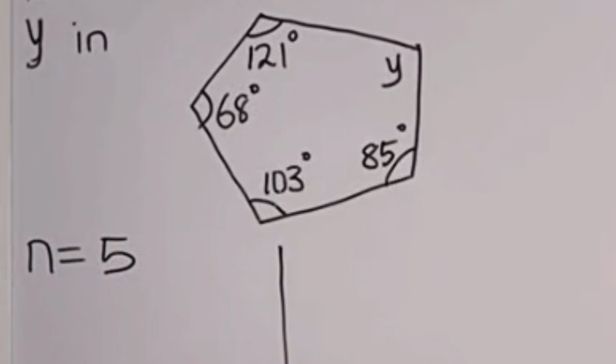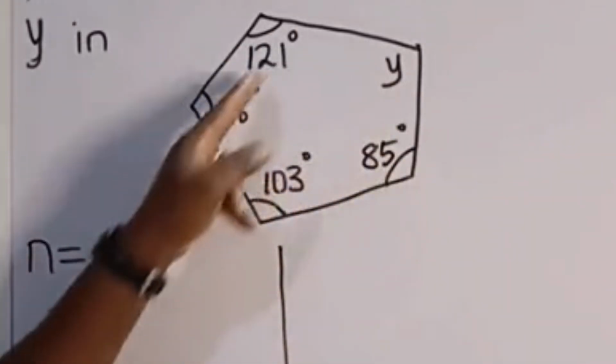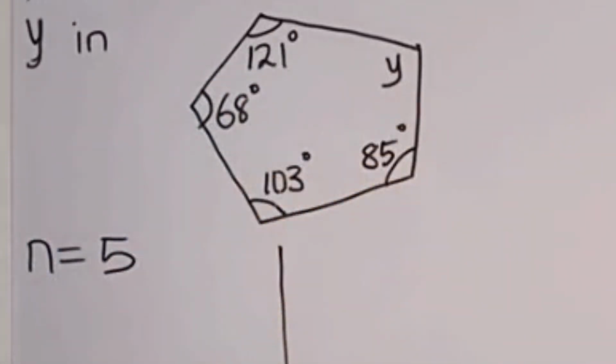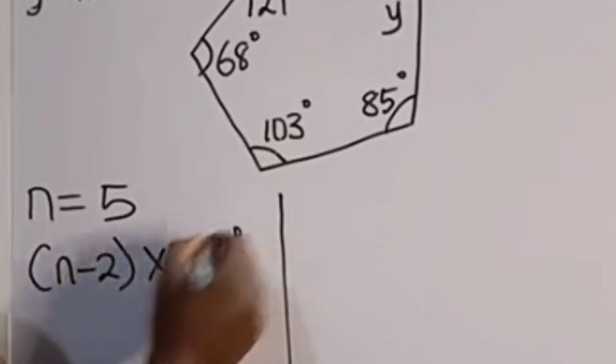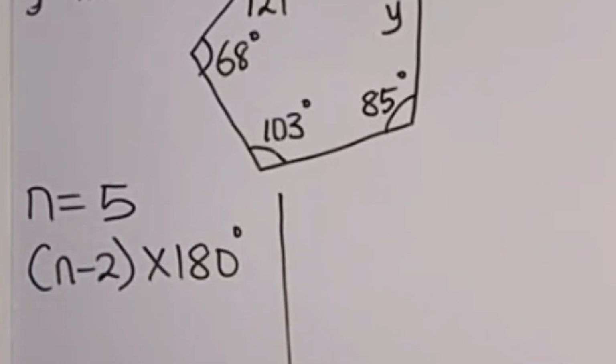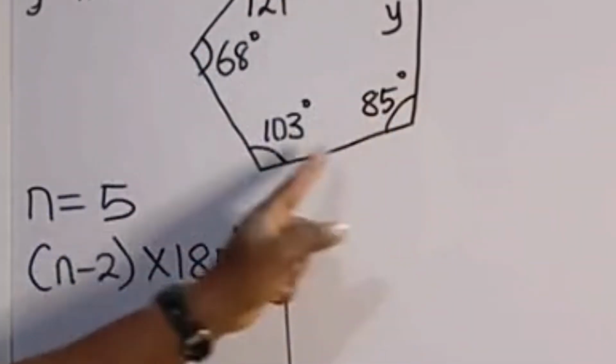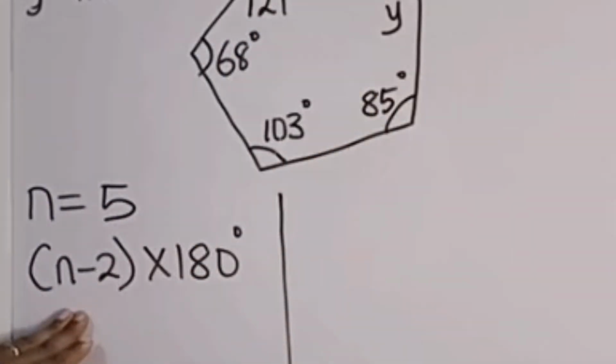Next, we need to find the sum of angles in a pentagon. If you add all the angles in a pentagon, what are you supposed to get? We already know the formula: n minus 2 times 180 degrees. If you want to know the sum of the angles in a particular polygon, this is the formula you use. All you need to do is substitute the number of sides into the formula.